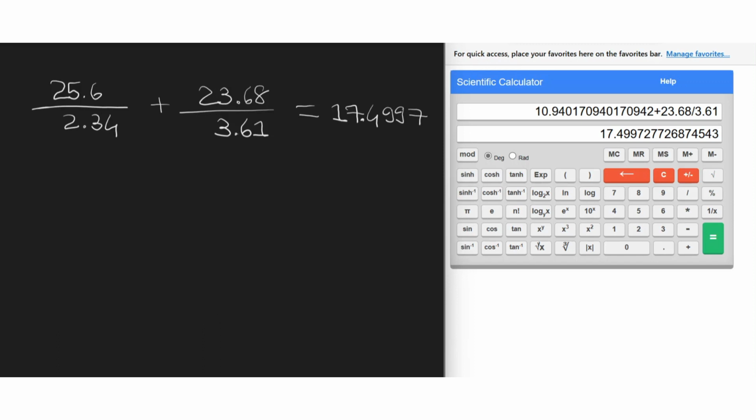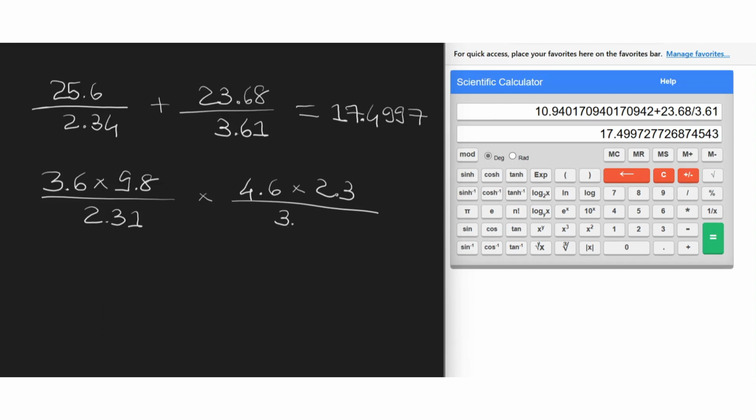Let's take another example where we are having multiplication and division. This way I'm having 3.6 into 9.8 divided by 2.31, and this is multiplied with 4.6 into 2.3 divided by 3.12.